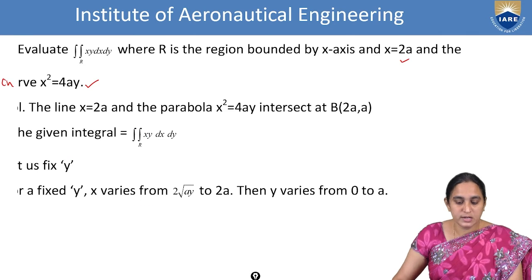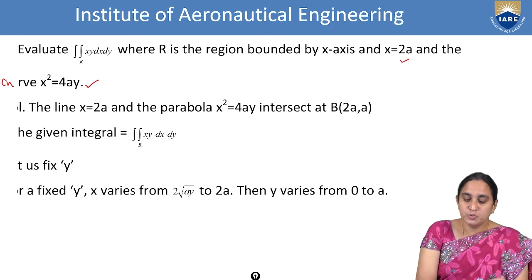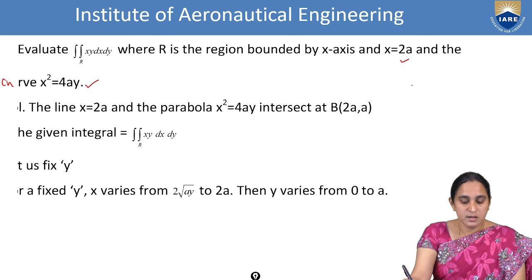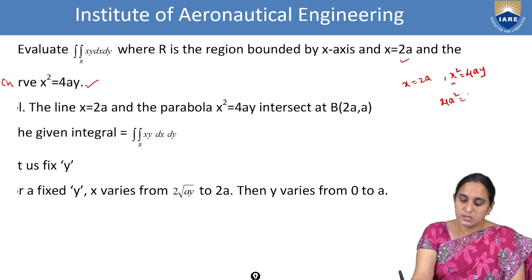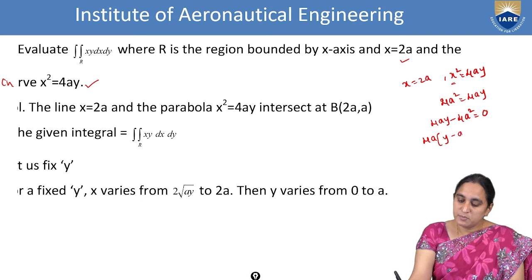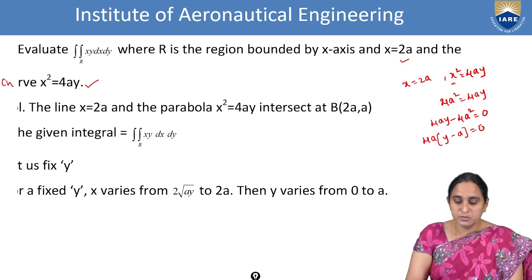Writing it out, x is equal to 2a and x square is equal to 4ay. Now I'll substitute x as 2a, that is 4a square is equal to 4ay, that is 4ay minus 4a square is equal to 0. Taking 4a common, y minus a is equal to 0.